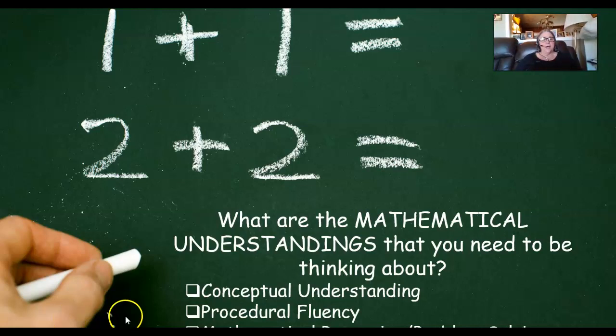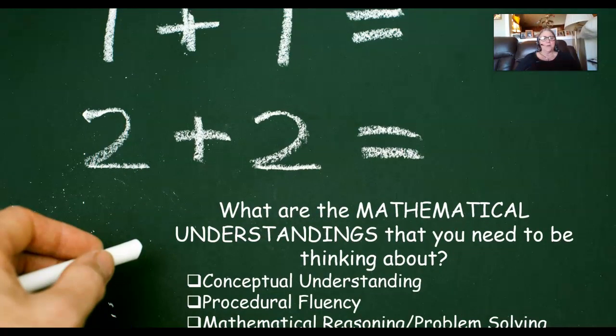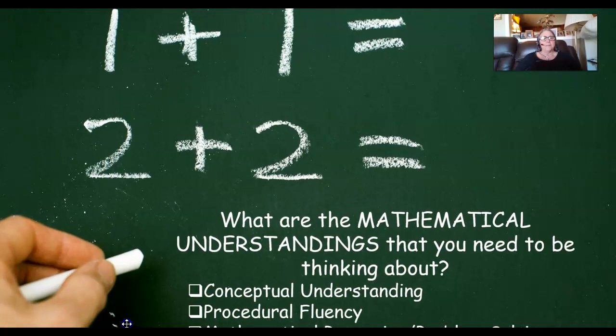First of all, to get a good understanding about what you need to write, it's important that you understand what mathematical understandings you need to be thinking about. Now, when we teach math, we think about three things. We think about conceptual understanding, procedural fluency, mathematical reasoning, and problem solving. Sometimes the problem for a lot of people is learning what these things are.